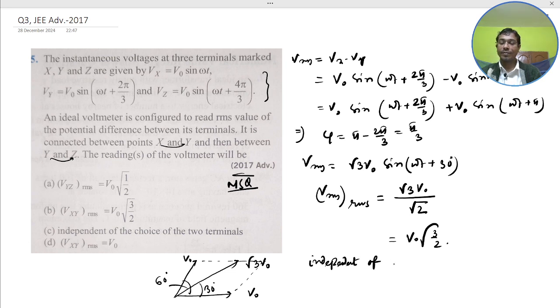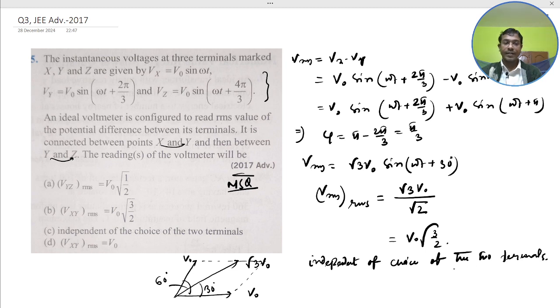So basically independent of choice of the two terminals.